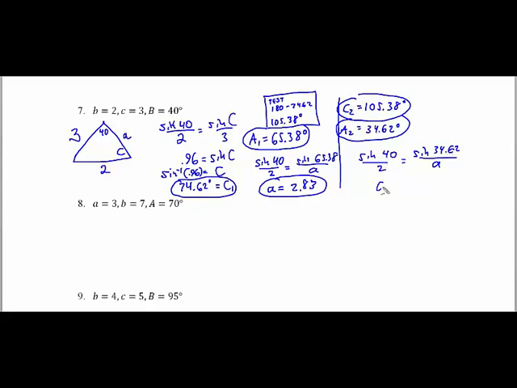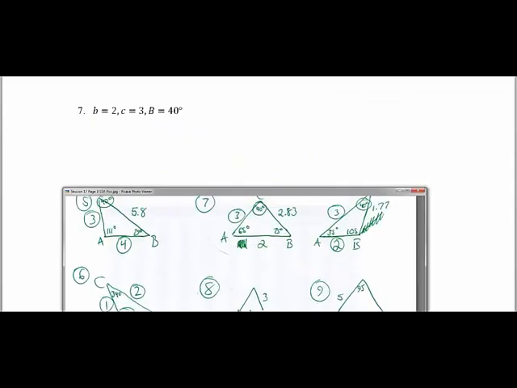And what this is going to give me, A is going to be equal to 1.77. Now, to really see these out, I'm going to move to the pictures of what these two problems look like. So you may want to copy this down before I move to the next part of the video here. Okay, you can pause or move on because I need to erase this and show you what the pictures look like. All right, so problem number 7's pictures.